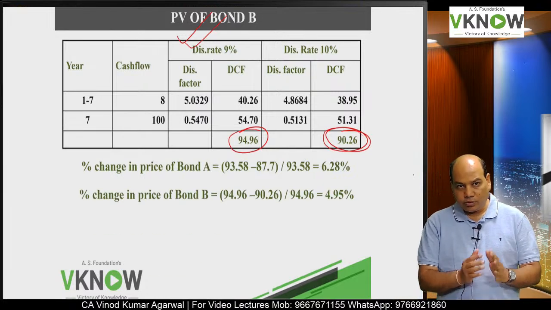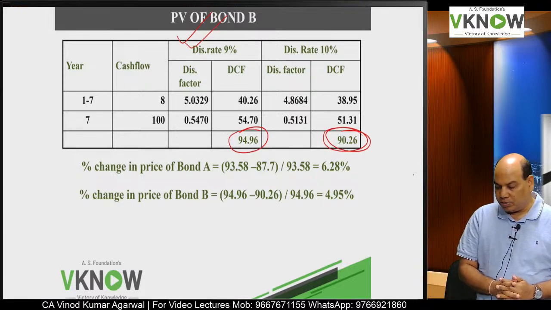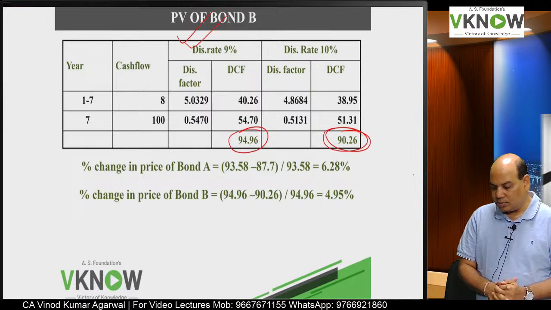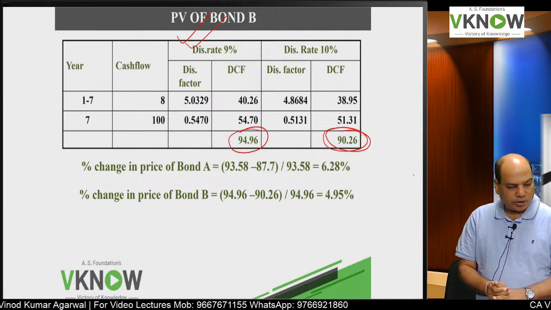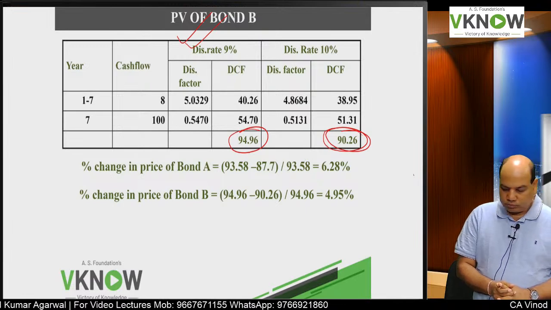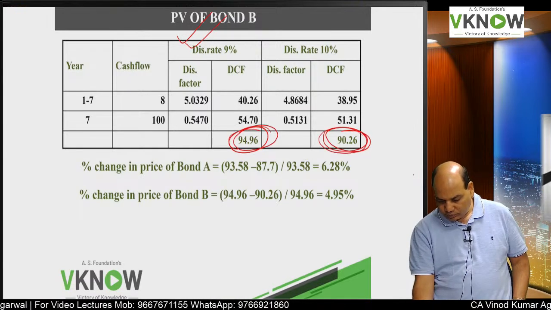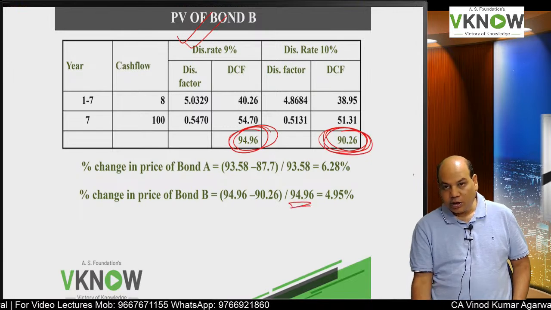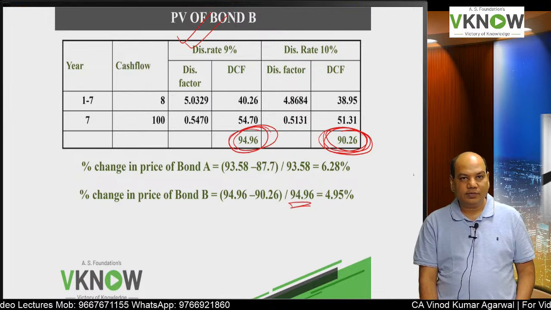Now tell me, by what percentage bond price have changed for bond B? Percentage change in price of bond B. Take the difference between these two numbers, divide by 94.96. So the answer is how much? 4.95.